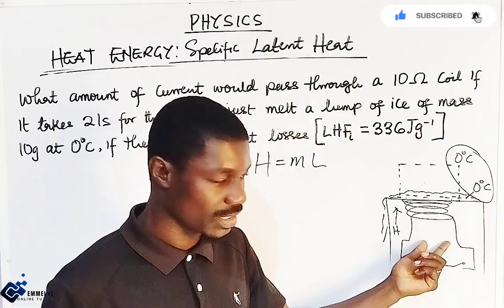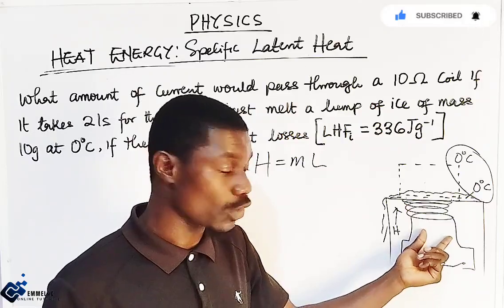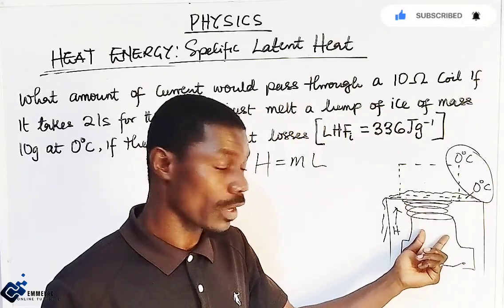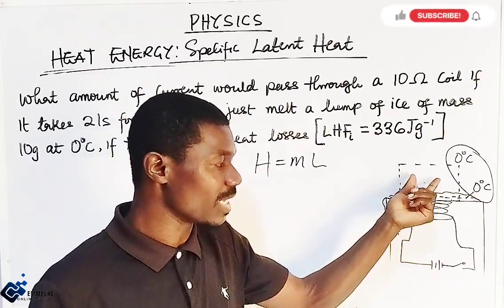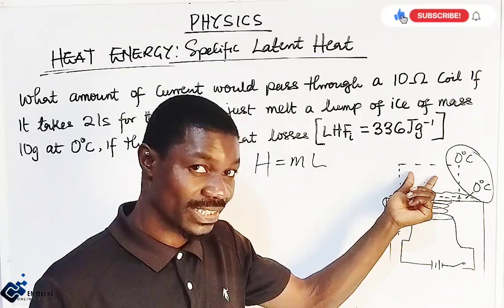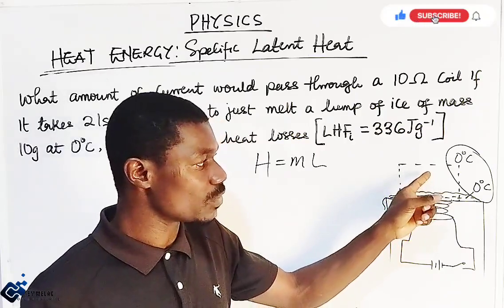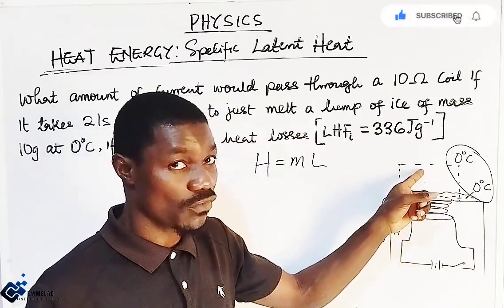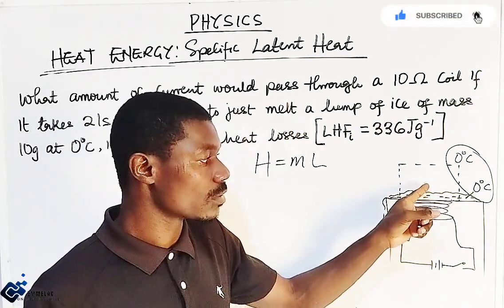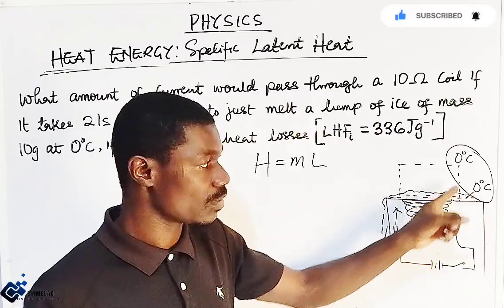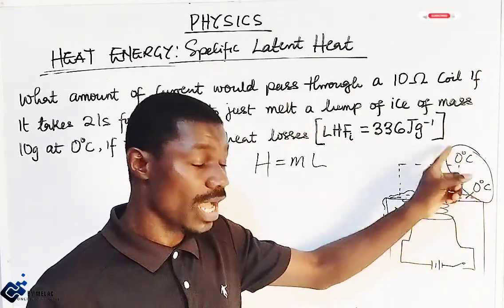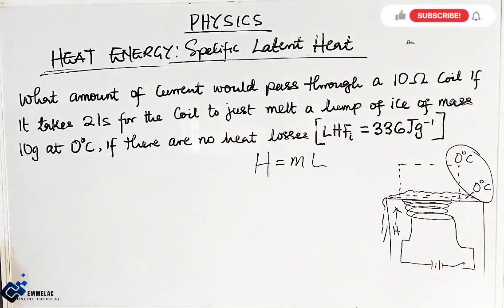Now the heat supplied by this coil equals the same heat absorbed by the ice, making it change from the solid state of ice to the liquid state, still at 0 degrees Celsius.